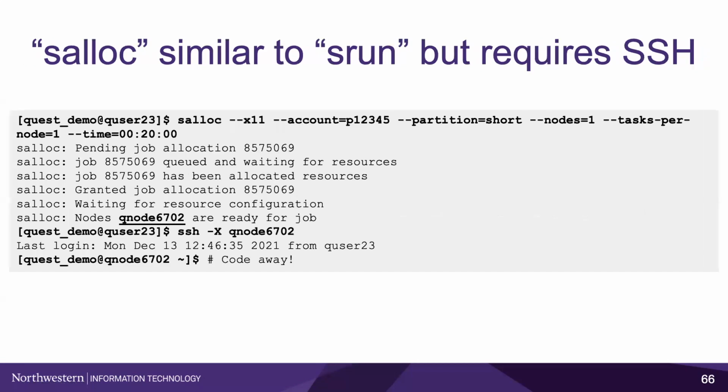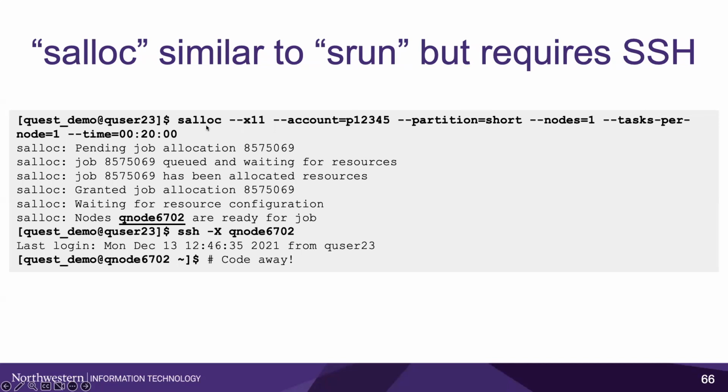The other method of submitting your interactive job is by the command salloc, which stands for allocation. It's very similar to srun, but one difference is that it requires you to explicitly jump to the compute node that you have been assigned to. What I mean by that is the following.